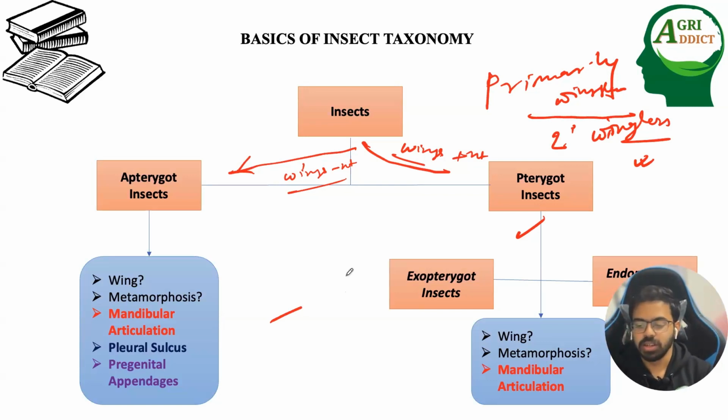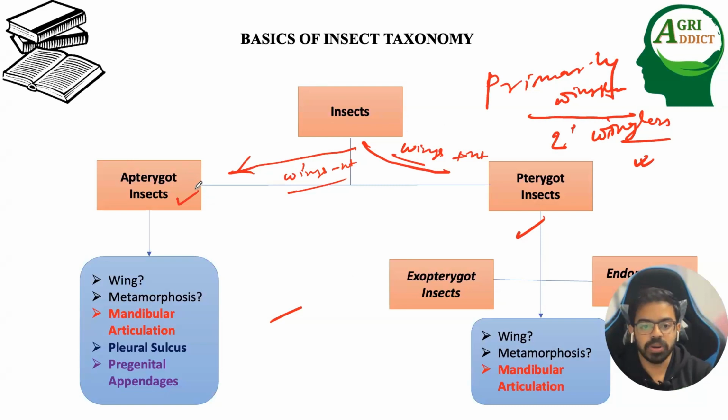I understand. Primarily wingless means they do not have wings at any time since they first developed, or since their fossils were first found. They were not winged, meaning the wing bud has never been developed. They are known as primarily wingless.